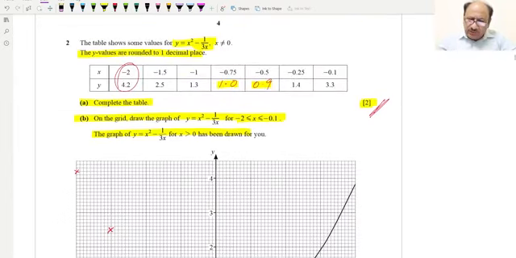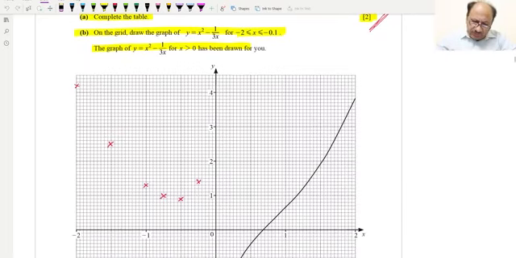And next point is -0.1 and 3.1, 2 and 3 will be this one. Now we got all the points, and now we can sketch the curve.